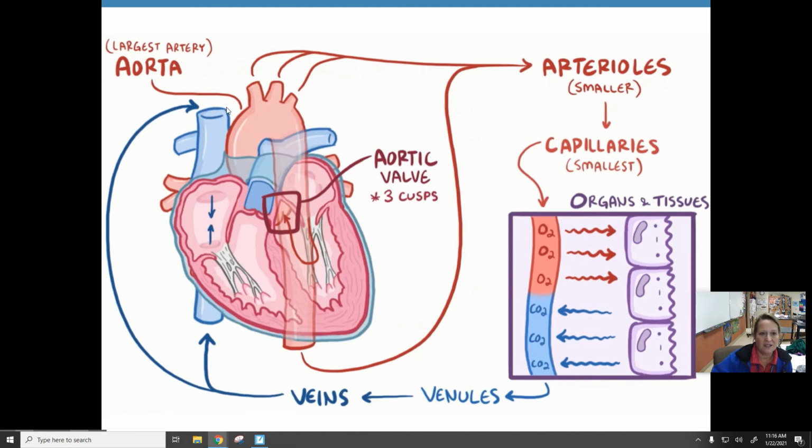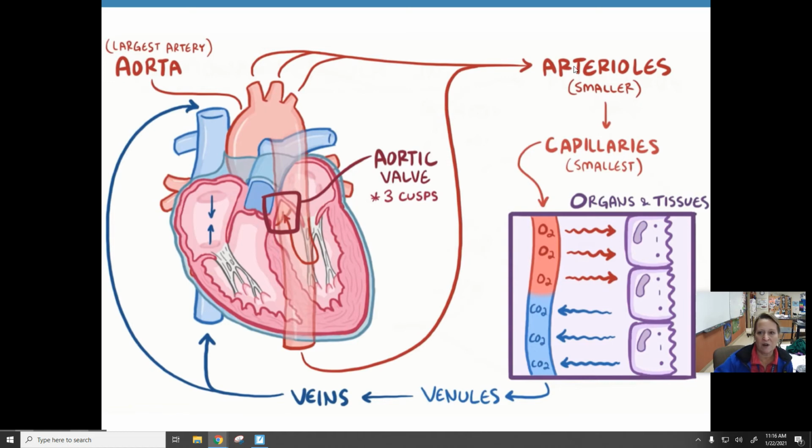So this is showing the overall picture of what's going on with the systemic circulation. So once the valves close, now the aortic semilunar valve is going to open as this heart muscle contracts. Blood is going to go up through the aorta.